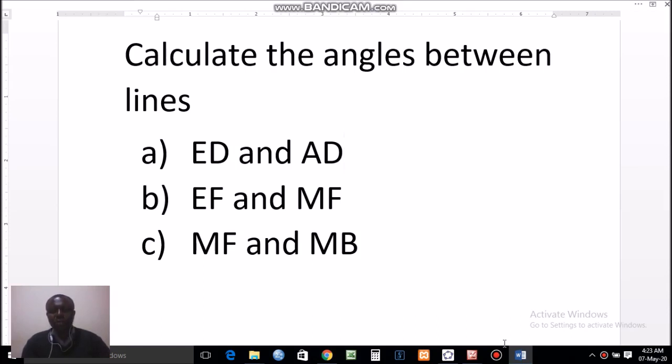Calculate the angles between lines AED and AD, B, EF and MF, and finally MF and MB. So take that down, and we'll take on each one of them by way of explaining the concept of calculating the angle between two lines in a three-dimensional object.